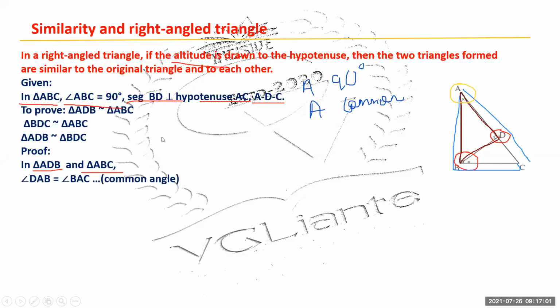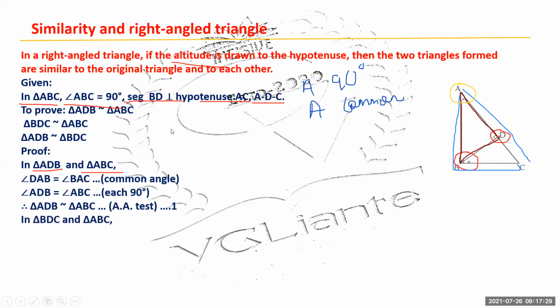Angle DAB equals angle BAC, common angle. Angle ADB equals angle ABC, each 90 degrees. Therefore, triangle ADB is similar to triangle ABC by the angle test. This is just statement number 1.